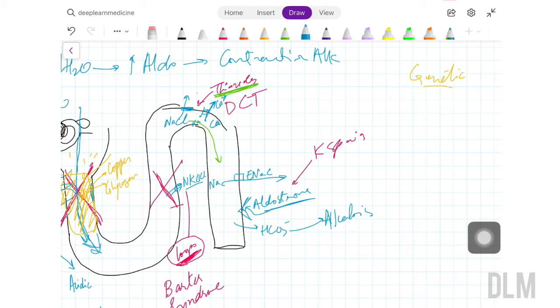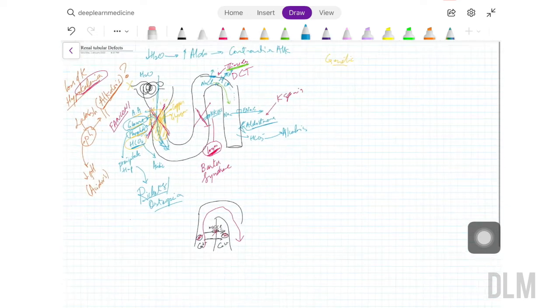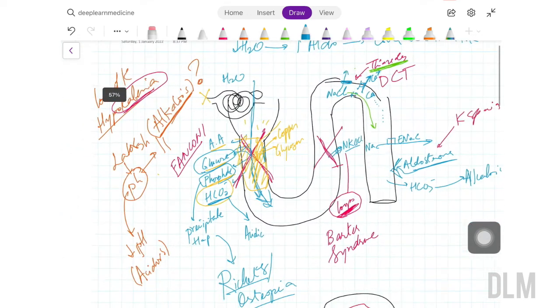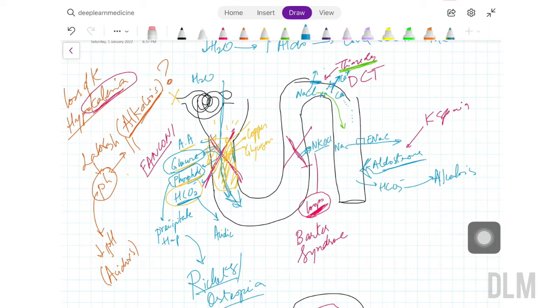So they increase the absorption of calcium, which causes a decrease in the amount of calcium left in the urine, right? So this disorder will present with hypocalciuria, and we'll also have the other findings that I already mentioned: metabolic alkalosis along with hypokalemia.